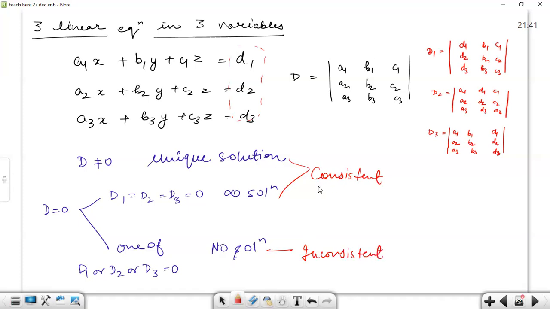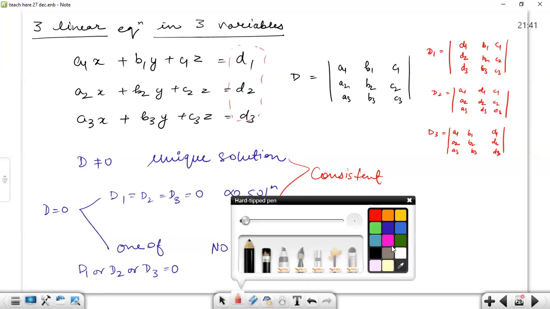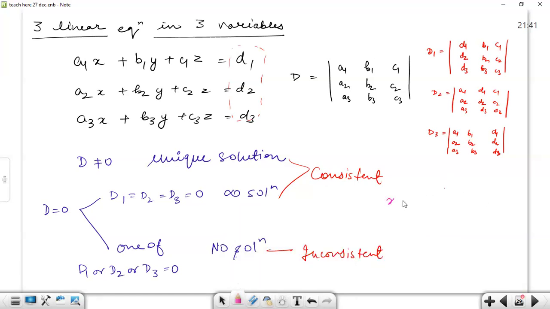Now when the system is consistent, when it is inconsistent, when there is a unique solution, when there are infinite or no solutions, these conditions are really important and questions are asked on the basis of this only. And the most important thing: what is x here? X is basically D1 by D. What is y?